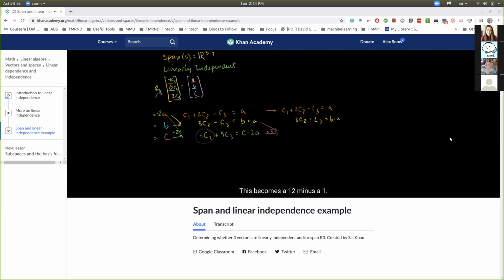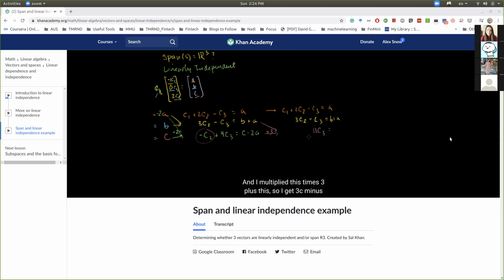So this becomes 12C3 minus C3, which is 11C3. Oh, sorry, I was already done. When I do 3 times this plus that, those canceled out. And then when I multiply 3 times this, I get 12C3 minus a C3. So that's 11C3.